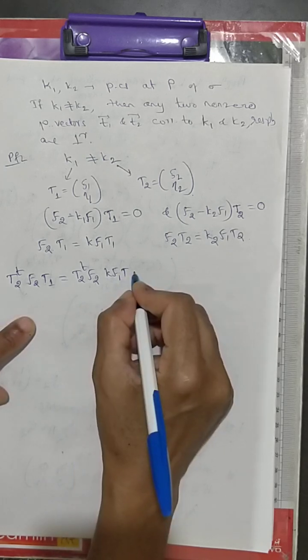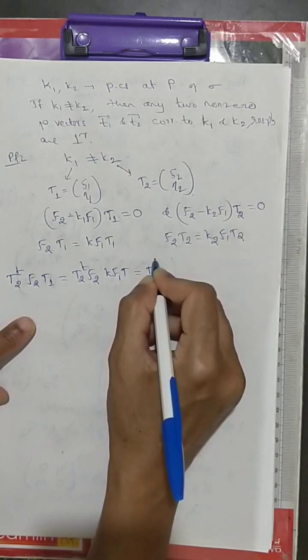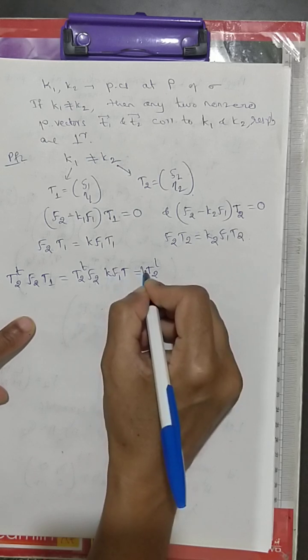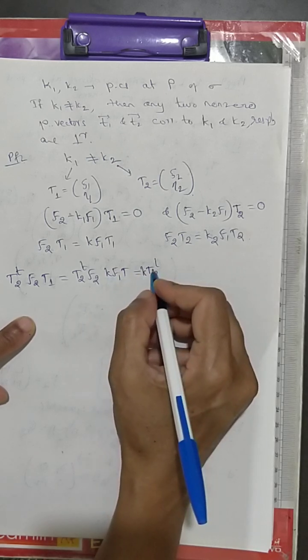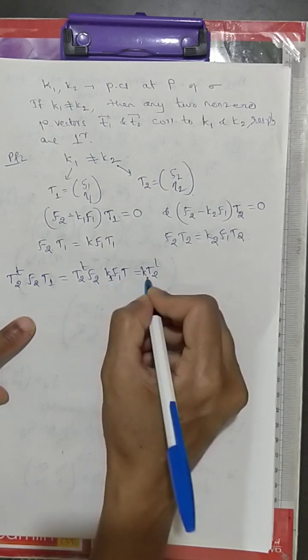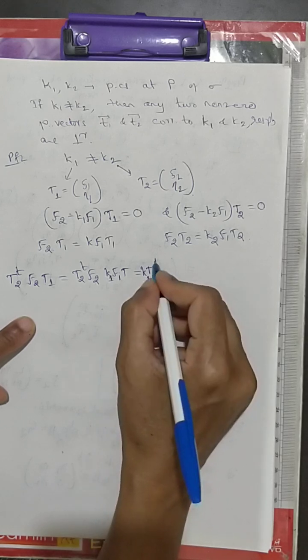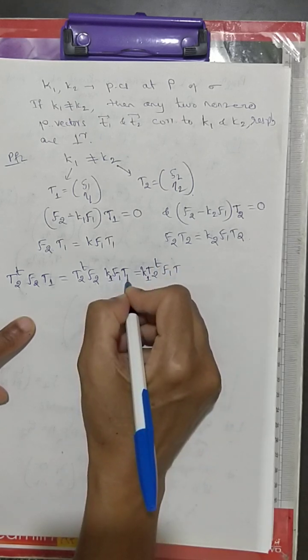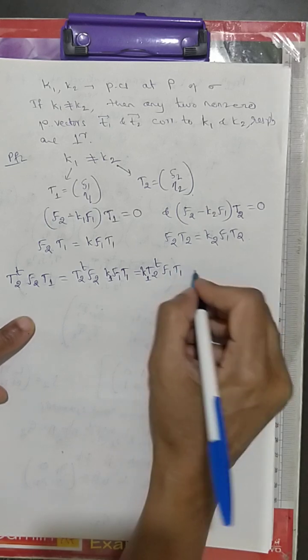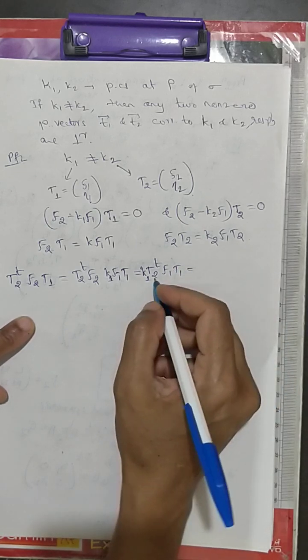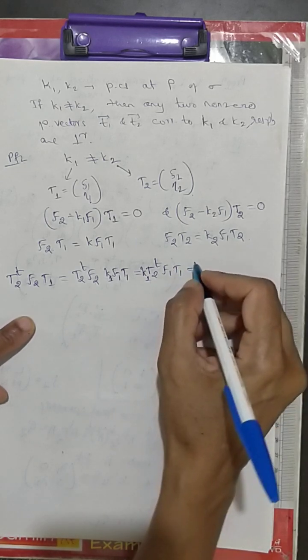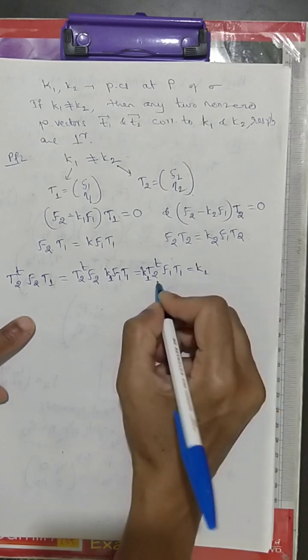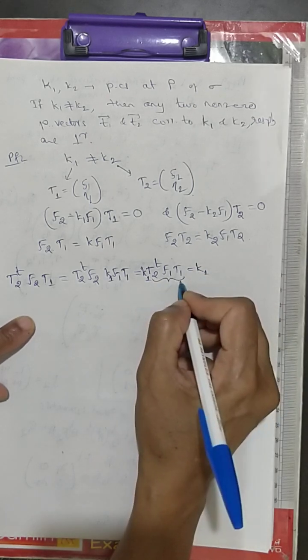So that is equal to k1 times... now what is this, t2 transpose F1 t1?